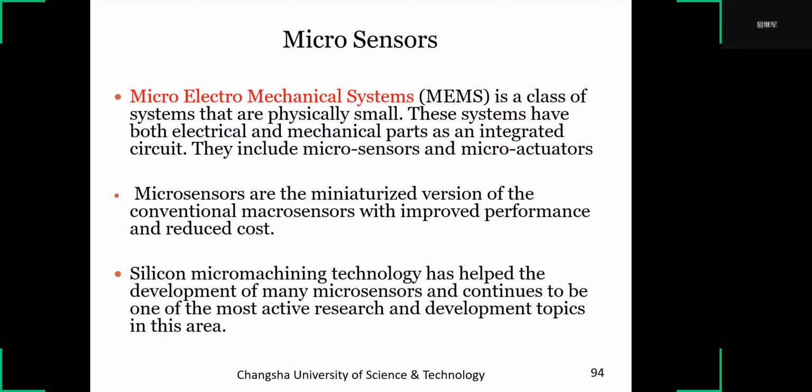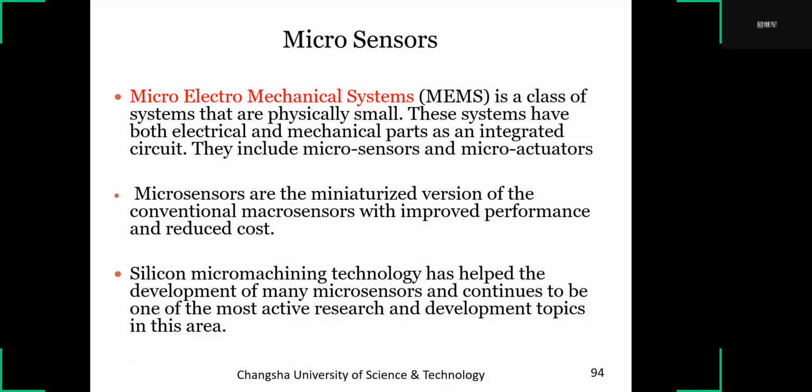Microsensors. Micro electromechanical systems are a class of systems that are physically small. These systems have both electrical and mechanical parts, like an integrated circuit.